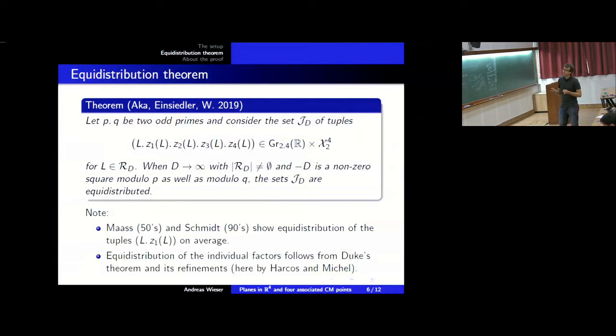And in fact, we can show that if you do the same theorem on average, meaning that you look at all L up to discriminant D, then the theorem is true without these 2 primes. Now, this average version actually implies previous work by Maass and Schmidt, who look at subspaces and the shape of the lattice inside the subspace.